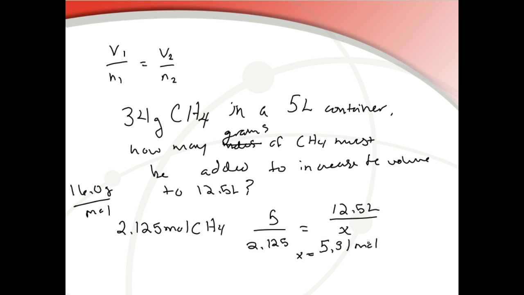Or, converting back to grams, we get 85.0 grams of methane. Now the question is, how much must be added? Well, the difference between 85 and 34 is 51. So we have to add 51 grams of methane. Just an example of one of the more difficult problems you can get from that little equation there.